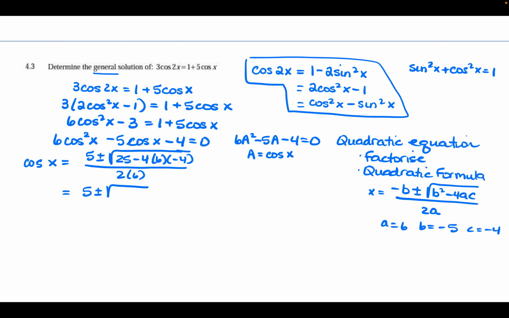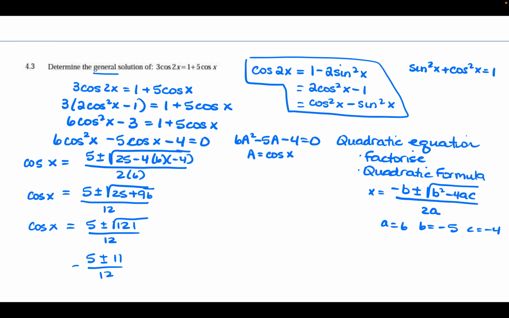This is the square root of 25 plus 16 times 6, which is 96, all over 12. This is what cosine equals. So we continue, 5 plus or minus the square root of 121, which we know is 11. So this we could have factored. 5 plus or minus 11 over 12 is equal to the cosine of x.